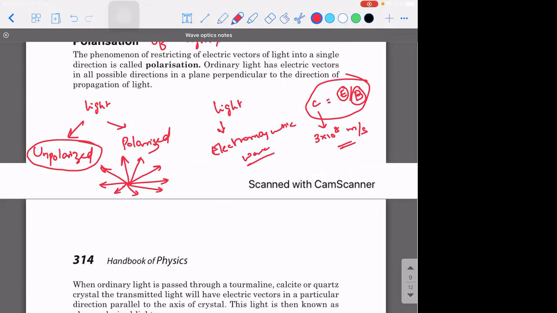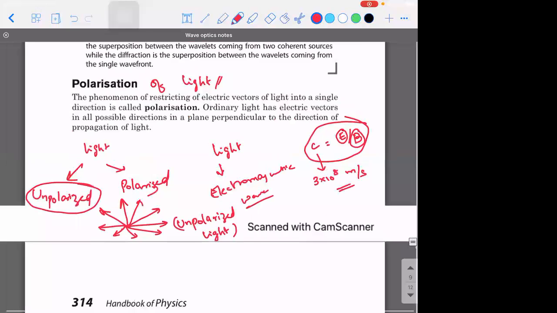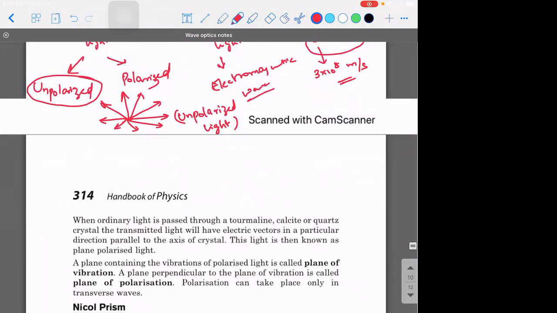So if you have light in which the electric field is vibrating in all the directions, then that is what we call unpolarized light. Right? Now, if you are able to make this electric field get confined and vibrate only in one particular direction, then that is what we call polarized light.